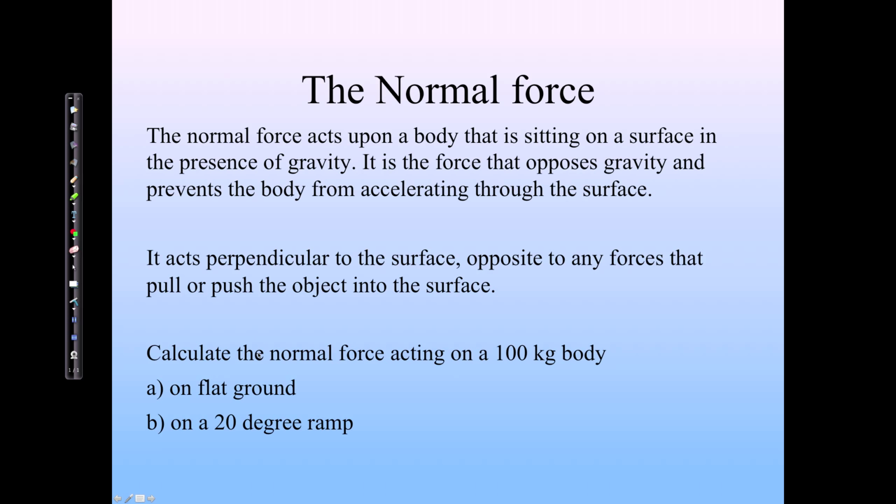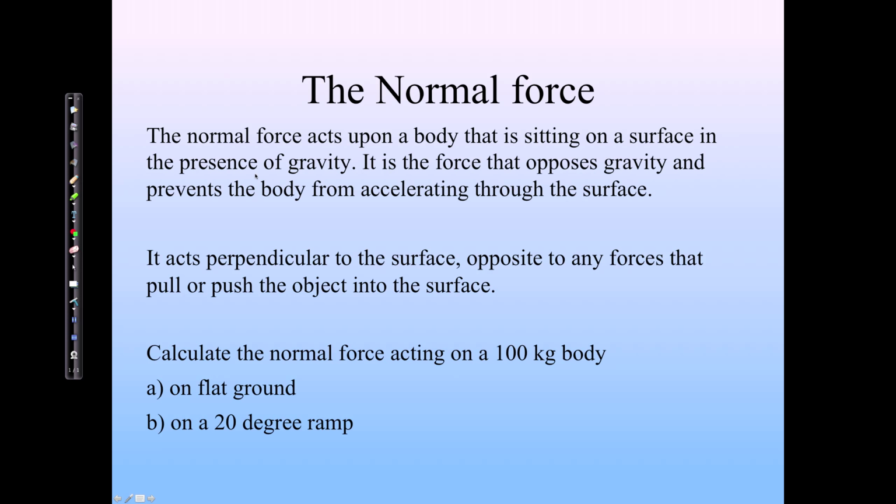So let's look at the normal force. Whenever an object is sitting on a horizontal surface and not accelerating through the surface, now, if you think about it, let's draw a free body diagram. For an object sitting on a surface, there's always going to be a force due to gravity pulling down on it.